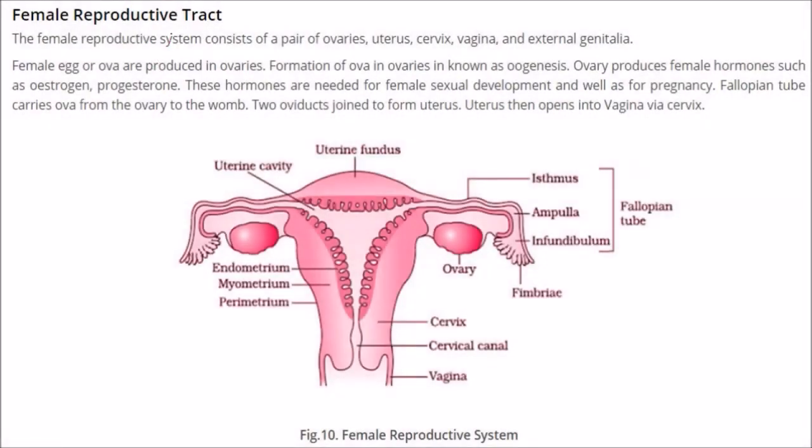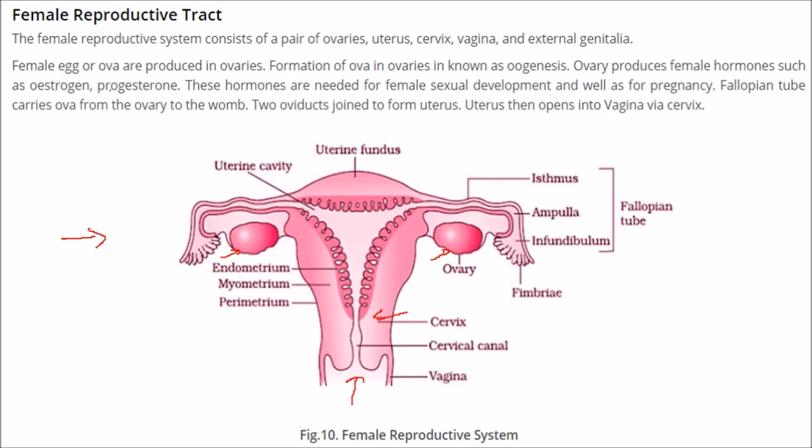This is the female reproductive tract. It contains 2 ovaries. If you see, these are ovaries 1 and 2, a pair of ovaries, and the uterus. Then we have the cervix and vagina and external genitalia, which covers the inner part.